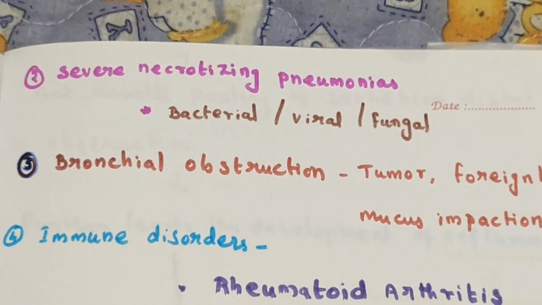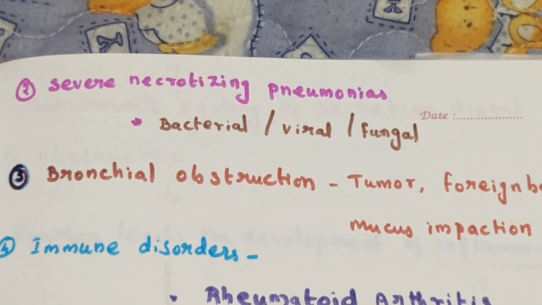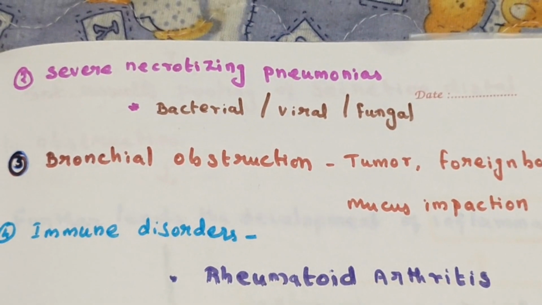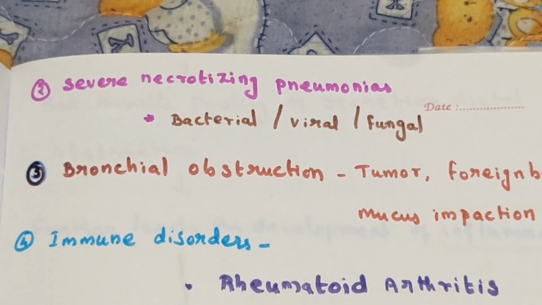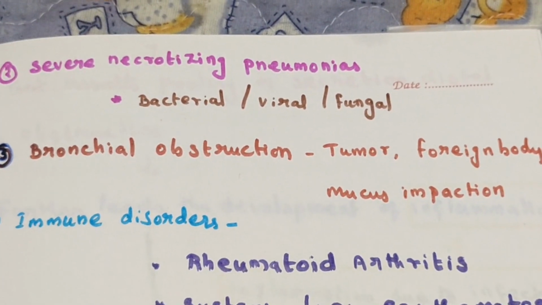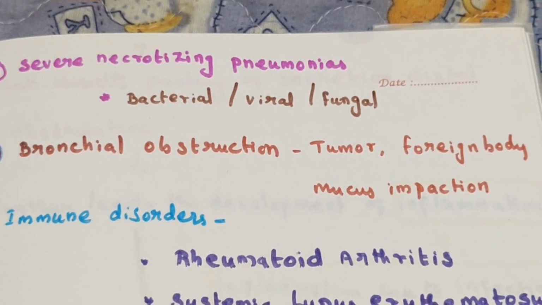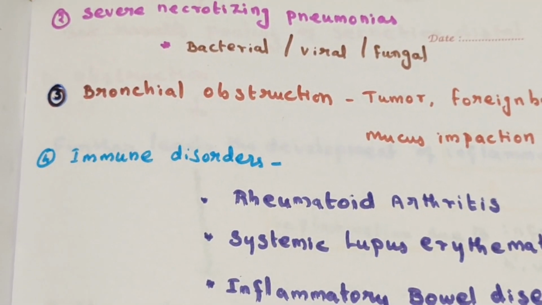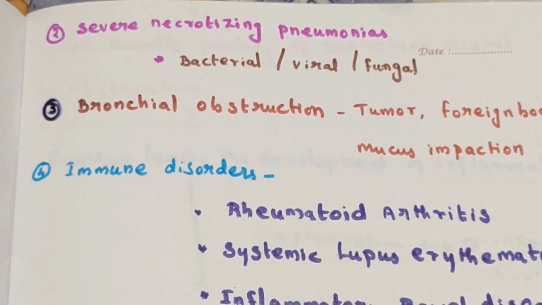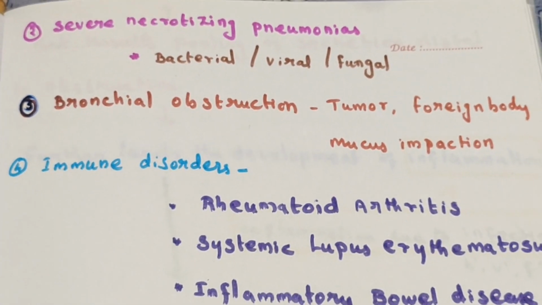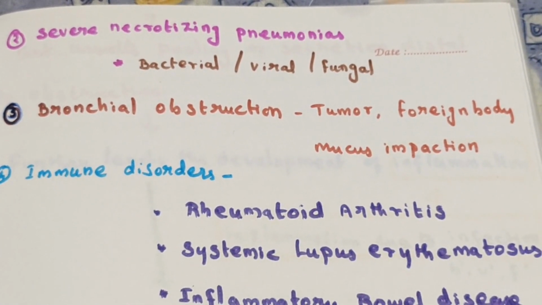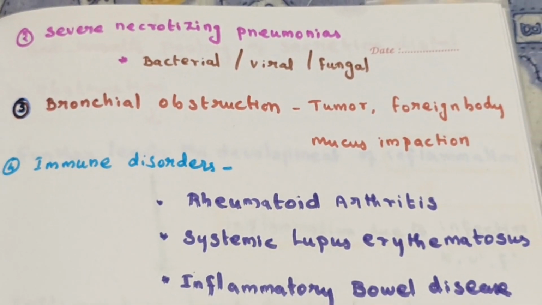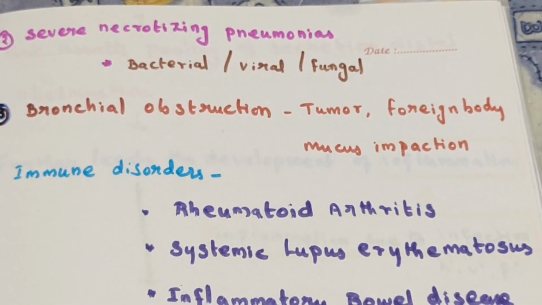The second risk factor is severe necrotizing pneumonias, and these necrotizing pneumonias can be bacterial, viral, or even fungal infection. Whatever it is, severe necrotizing infection is a risk factor for development of bronchiectasis.